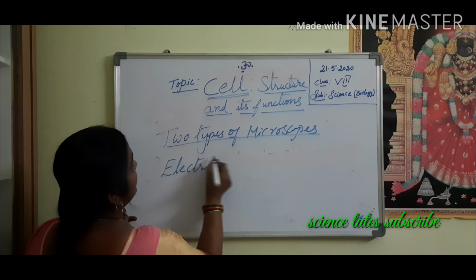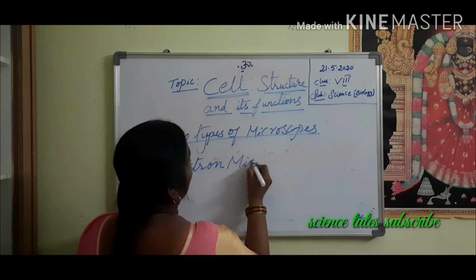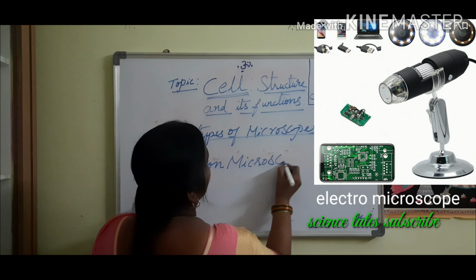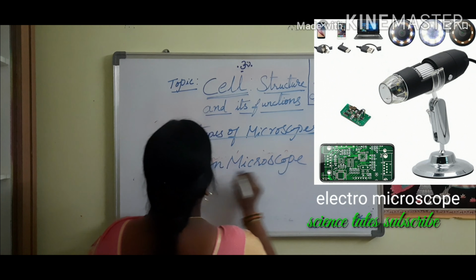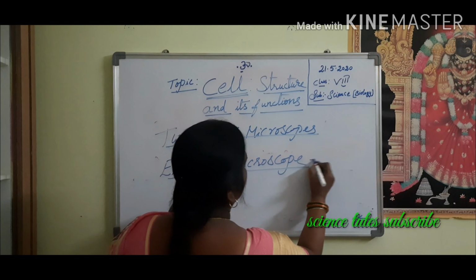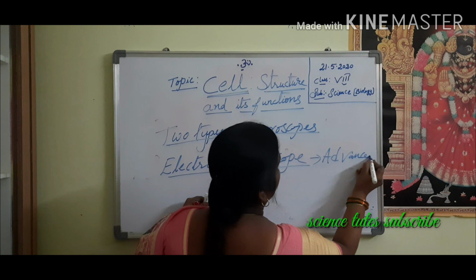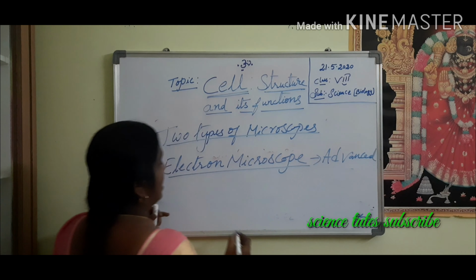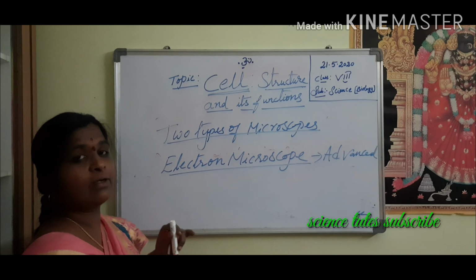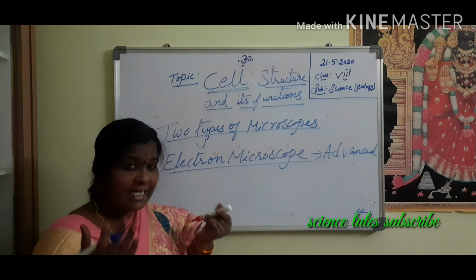What is this one? The electron microscope. This is the advanced one, and under this electron microscope we can see very clearly.